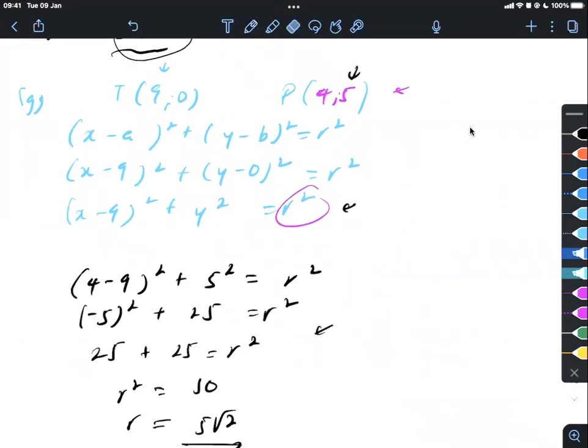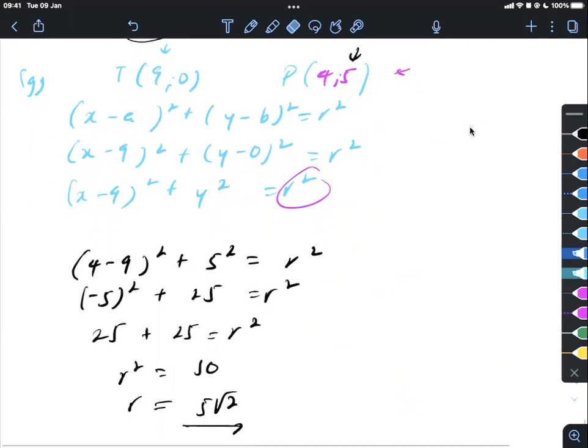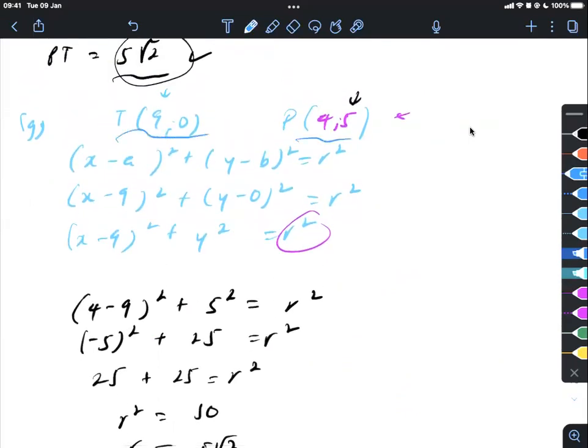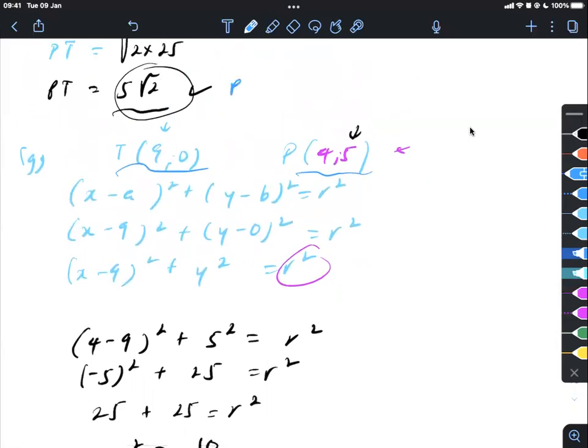So when they say hence, you're not supposed to do all this work right here. I was just doing it to illustrate to you guys that it's going to be the same thing, because finding the radius is the same as finding the distance from the center of a circle to the circumference. And that's the exact distance they asked us, PT, but they didn't ask us in the form of saying that it's a radius. So your PT is actually the radius, from the center of the circle at T to the circumference at P. All right.